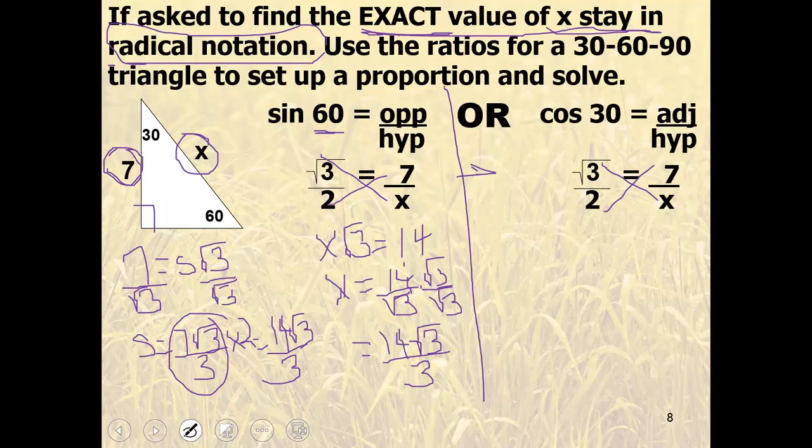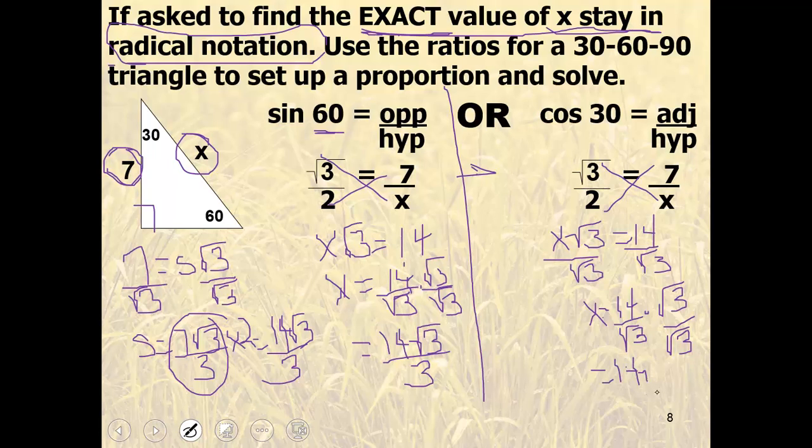The cosine of 30 is always going to be the same as the sine of 60. So I would get x times the square root of 3 is equal to 14. Divide by the square root of 3. X is equal to 14 over the square root of 3. And then times the square root of 3 over the square root of 3. And I get 14 square roots of 3 over 3. 3 ways, all the same answer.